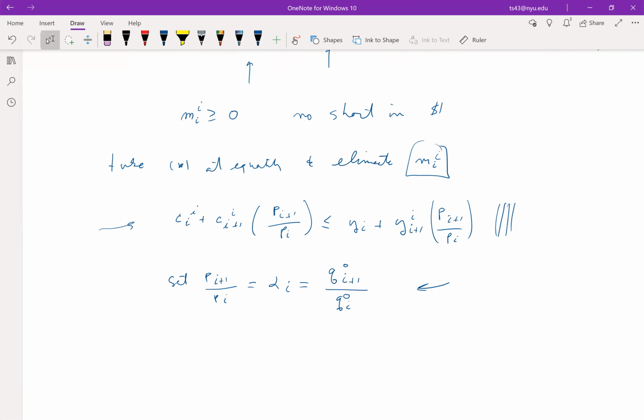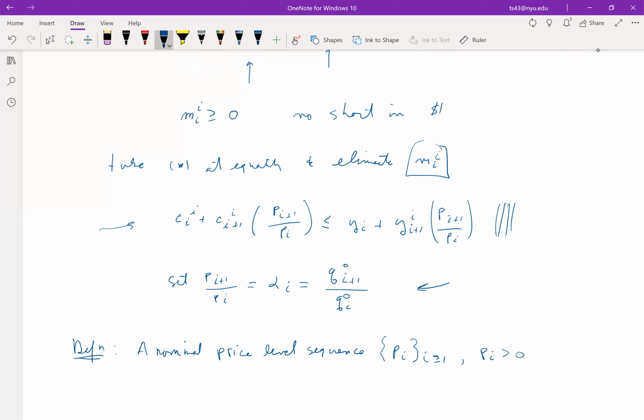So let's move to how he defines an equilibrium. A couple of definitions.